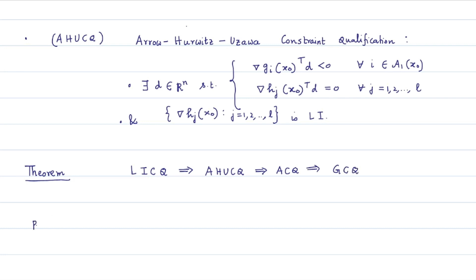For a proof of this result, you may please visit the same book by Forst and Hoffmann on page number 56. There are also a few other constraint qualifications for these general problems involving equality and inequality constraints. Those I am not mentioning.